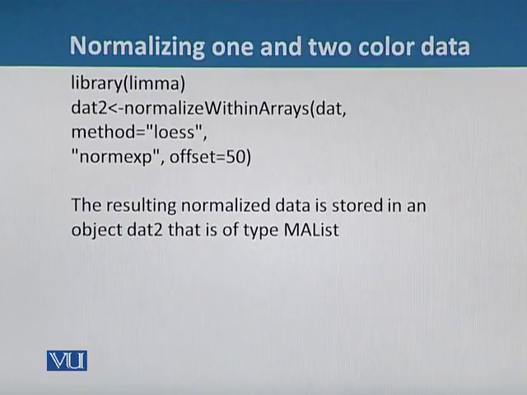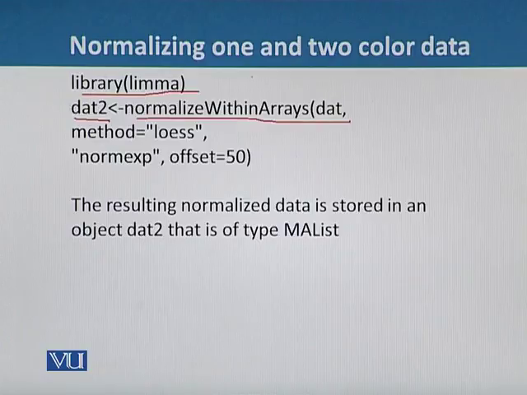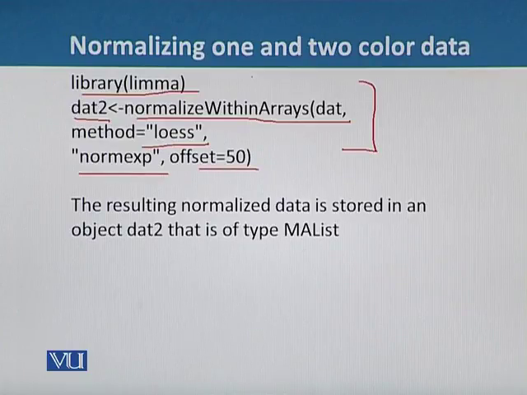Here you can see we use the library limma, then we use data2, and because in the dye bias we have to use normalizeWithinArrays, we then use the method that is the loess method, and we can use this loess method in conjunction with norm_max_p and with the offset value of 50. So the resulting normalized data is stored in an object data2 that is of type MAList.